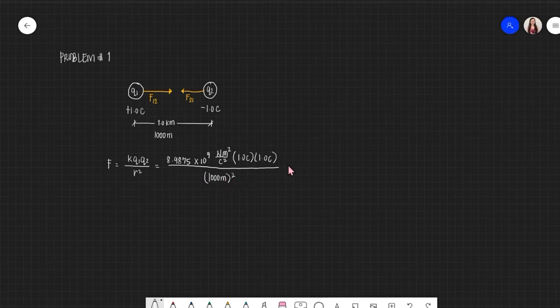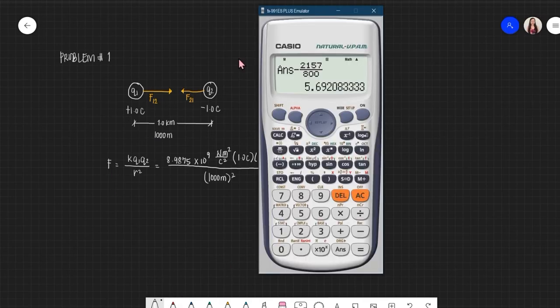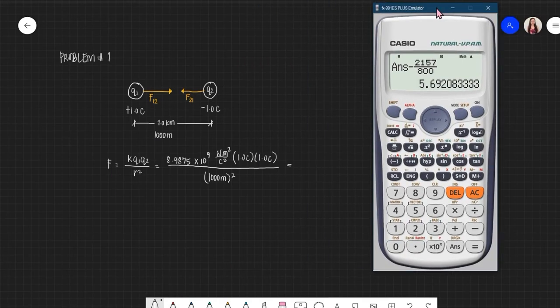So the force exerted by Q2 and Q1 and Q1 and Q2 are equal. This is the F here.